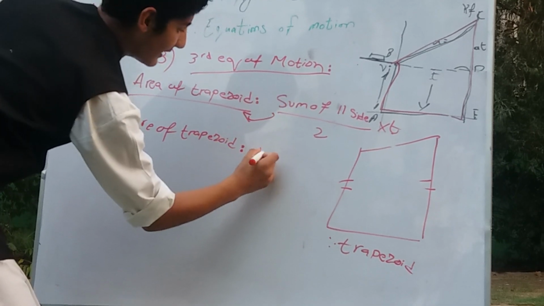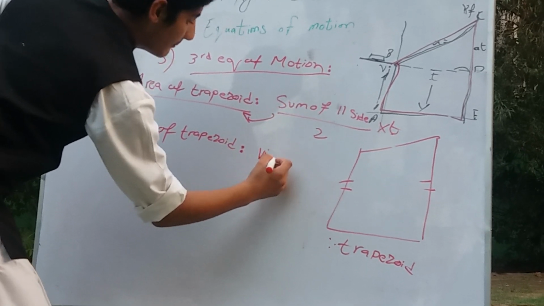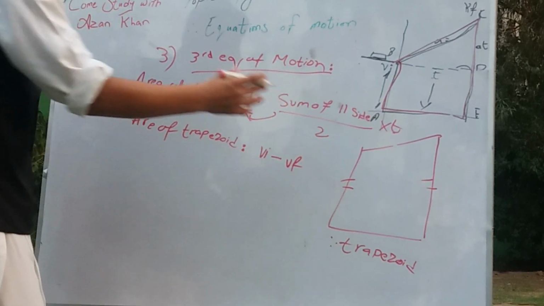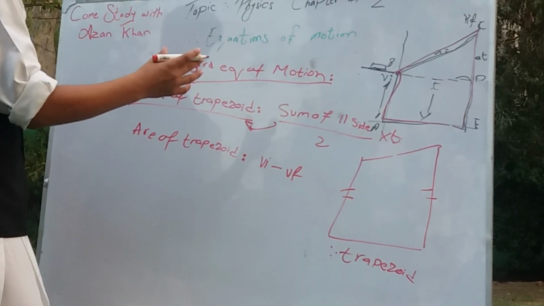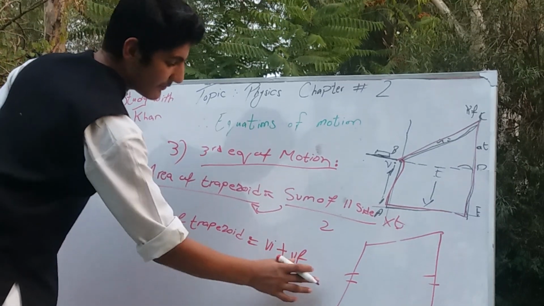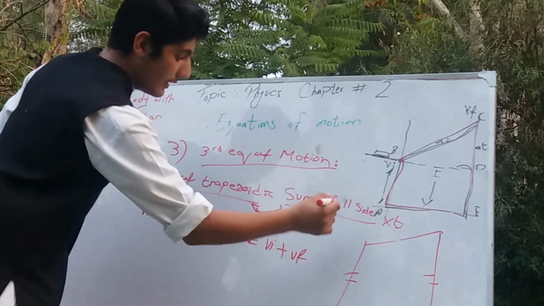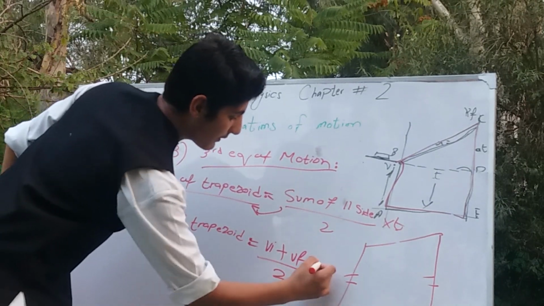So the sum of the parallel sides is Vi plus Vf. So Vi plus Vf divided by 2, multiplied by the height.